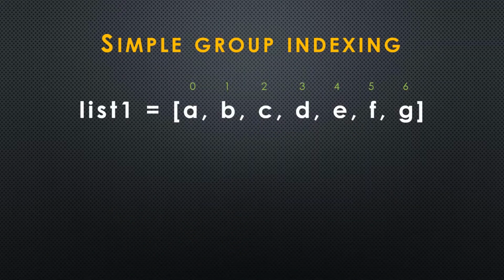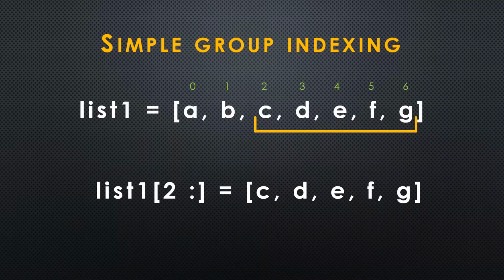Similarly, if given the same list, we want to isolate all the elements up until the end, then all we have to do is write list1[2:]. In other words, we keep the list name, the index of the first element we want to isolate, and we drop the last index.